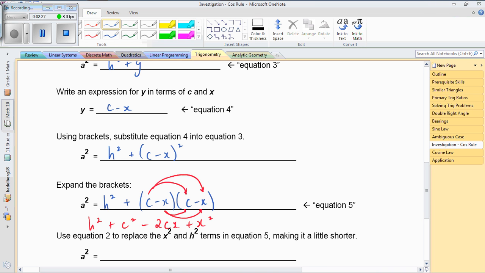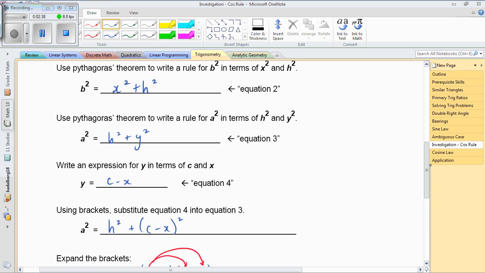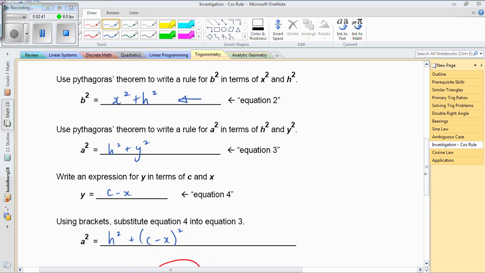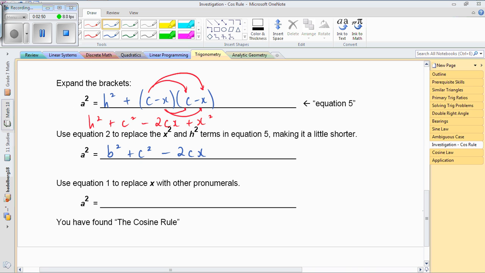It then tells you to replace h squared and x squared, and when you do that, that replaces it with b squared, which is what you got right here. So you get b squared plus c squared minus 2cx, and it tells you to replace x, which you got in the first line, that's b squared plus c squared minus 2bc cos A. And there's the cosine rule.